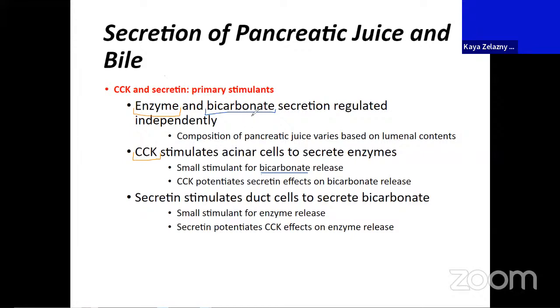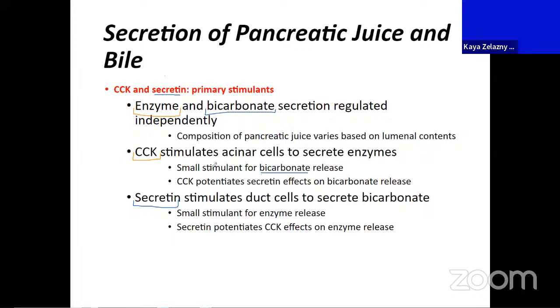So secretin, at least from a word association perspective, is the main molecule in charge of those duct cells and their bicarbonate secretion. That's its main job. But it's running in parallel to that CCK.